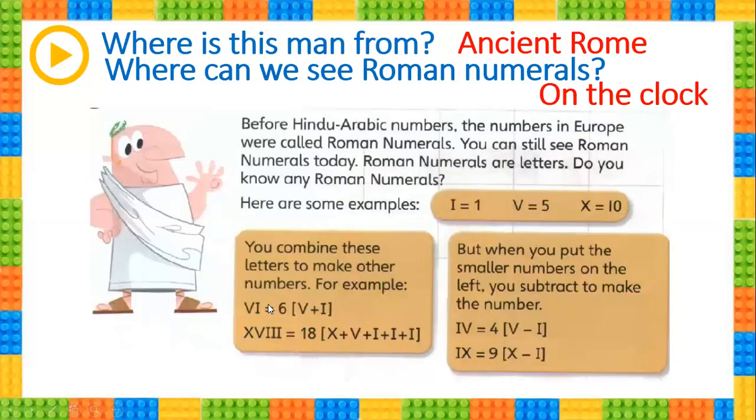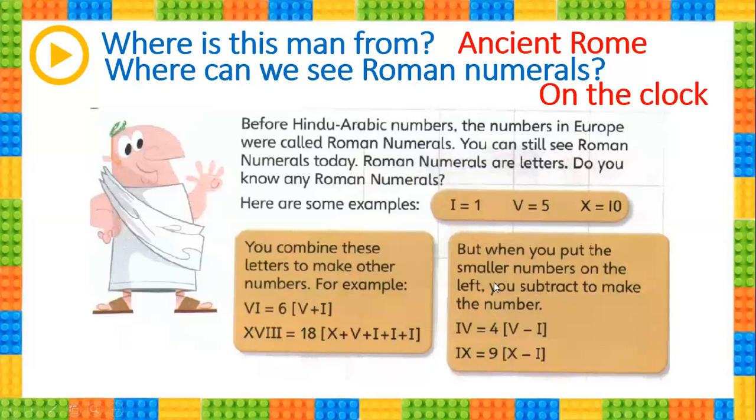When we calculate it, we add the one on the right to the one on the left. So 5 plus 1 makes 6. Or X, V, I, I, I: X stands for 10 plus V, 5, plus 1, 1, 1, and it makes 18.